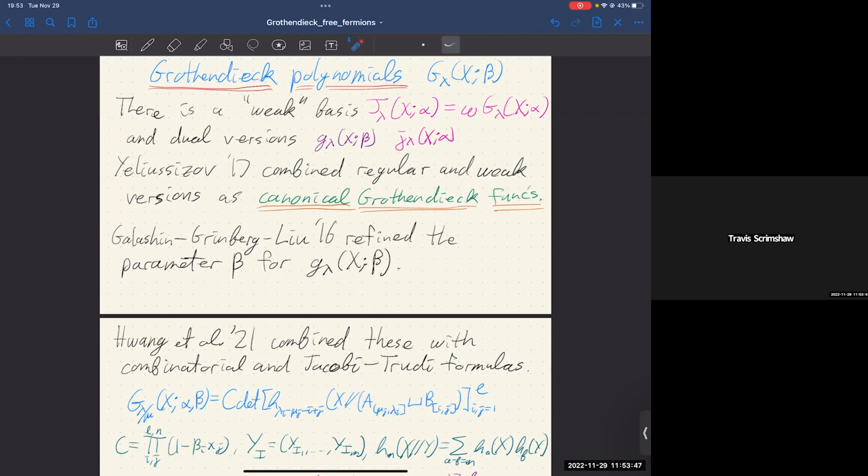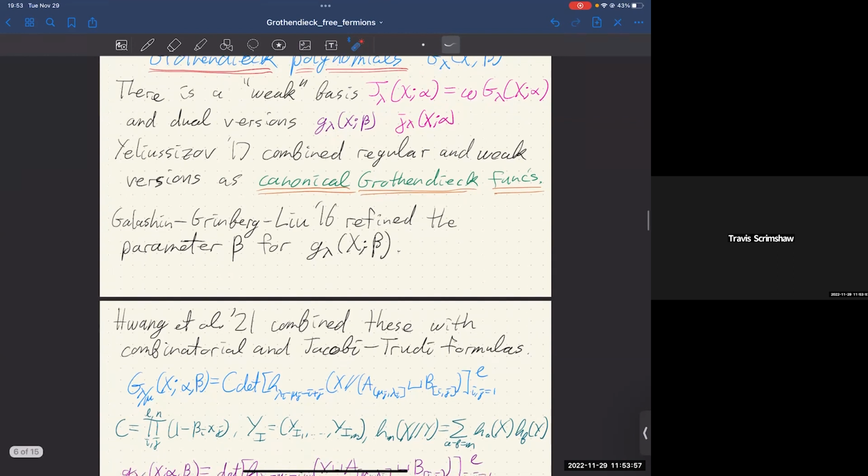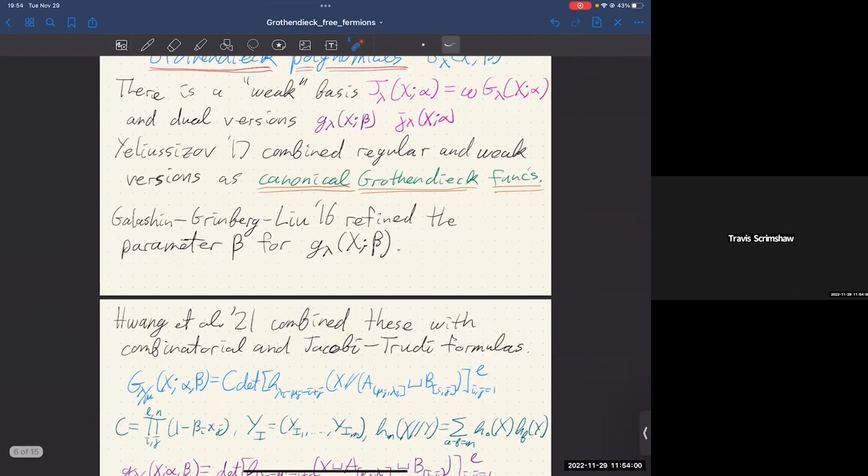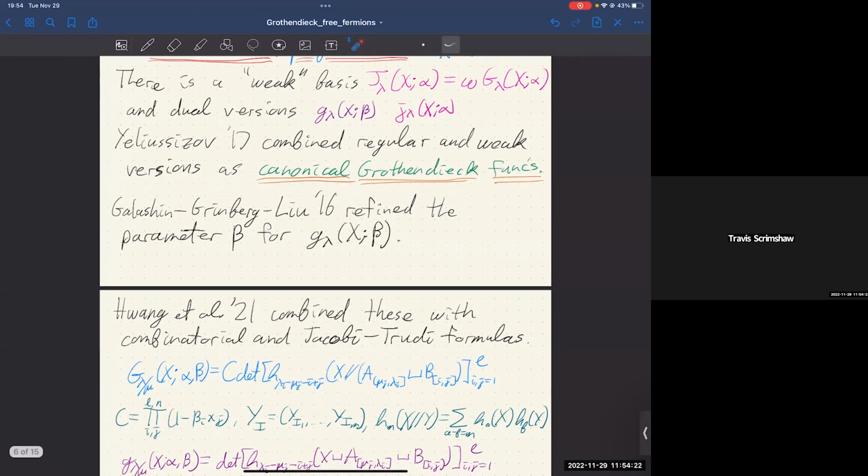They were focusing on the dual Grothendieck's. And it turns out this actually still expands nicely in terms of the Schur functions. It doesn't seem to have a geometric meaning as far as I'm aware, but it has a nice combinatorial meaning and in some sense a nice representation theoretic meaning because we still have Schur positivity.